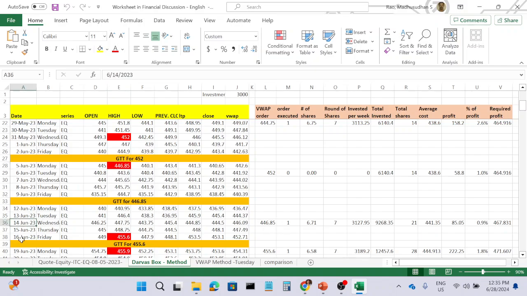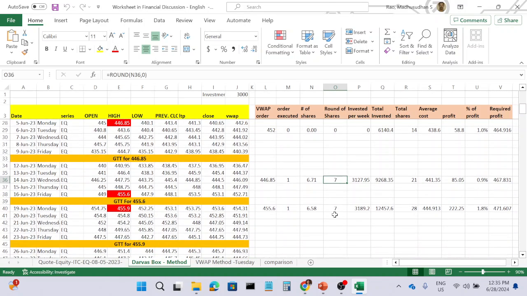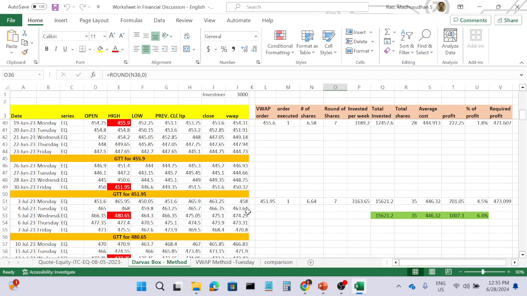The trigger happened on 14th of June, and we again got seven more shares there. Likewise, if we continue, we see that we have made a profit of 6.4% on 5th of July. So this is how the GTT order works for a Darvas box.